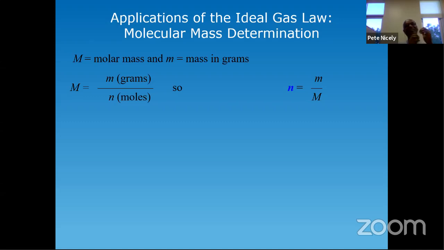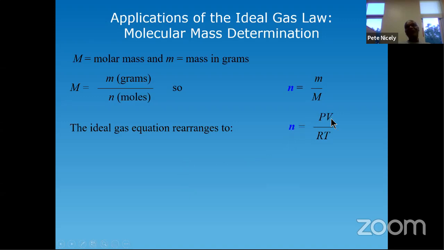The molar mass of a gas is equal to the mass in grams divided by the number of moles, right? So you can rearrange this equation to give an expression for the number of moles. Moles of a gas is equal to the mass in grams divided by the molar mass, right? Now, the ideal gas equation can give you an expression for the number of moles.